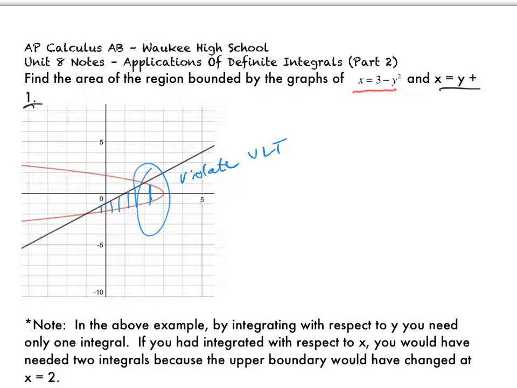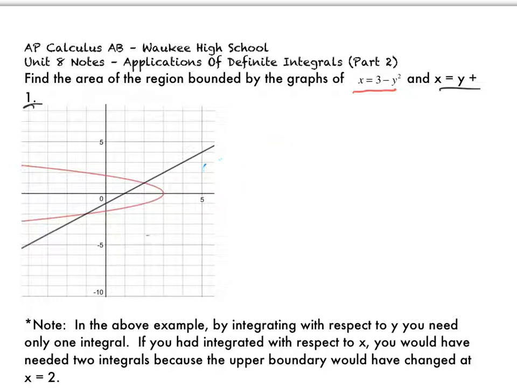Your function will now violate the vertical line test, and technically it's not even a function. So in order to get around that, if you ever feel that your function is going to violate the vertical line test, that's the cue that you need to integrate with respect to y. So now let me show you what we've got here.